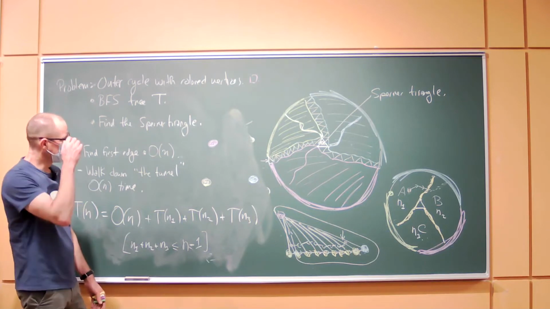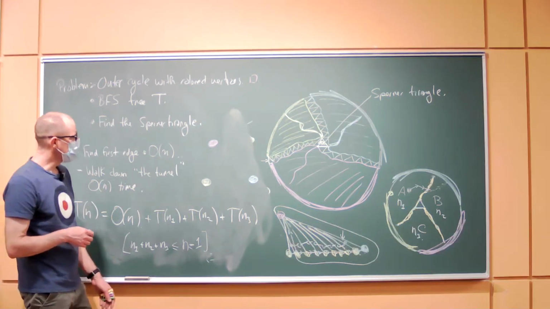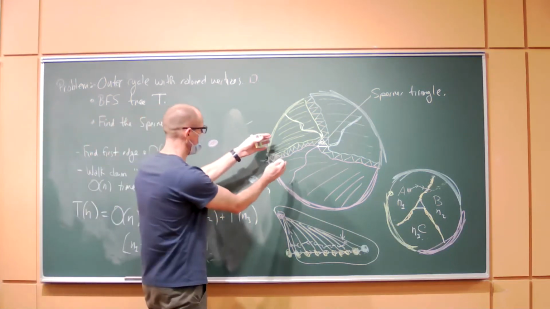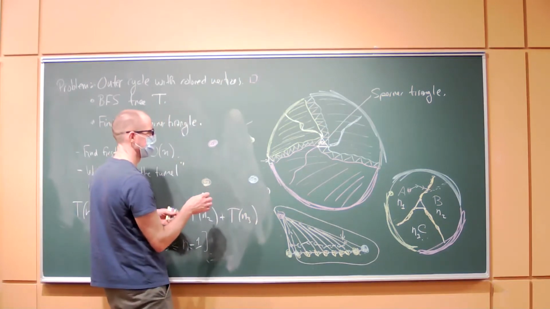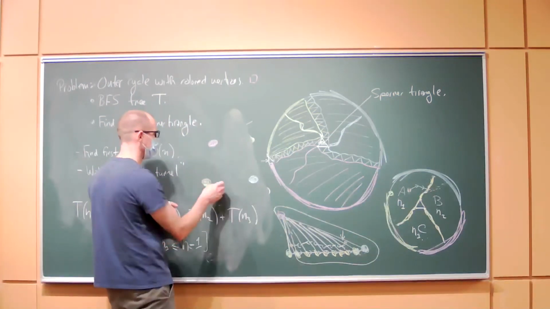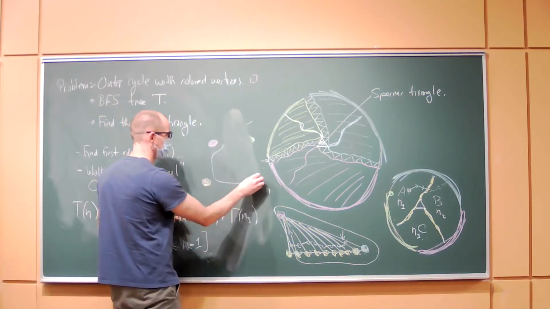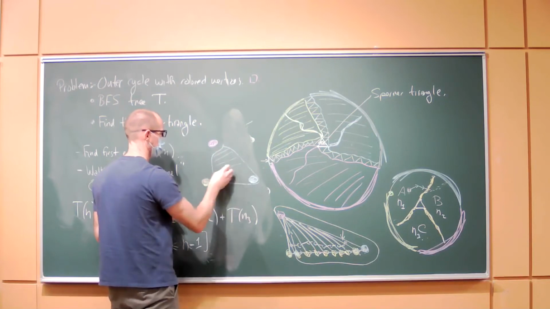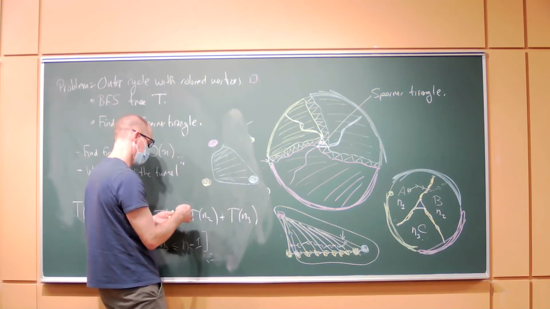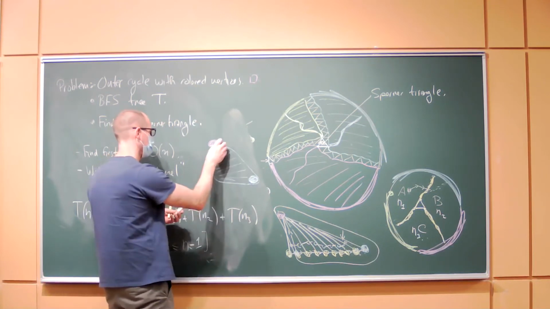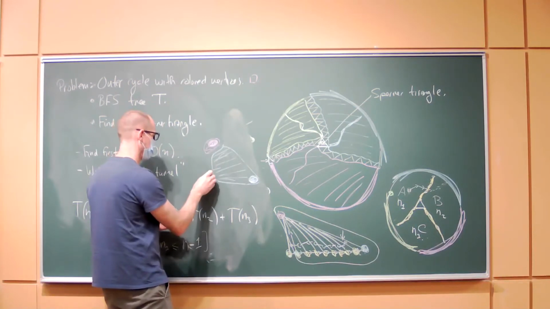What's really happening here is, if you redraw this picture to represent it more like this, you have this massive blue piece and this tiny purple piece and this tiny green piece.